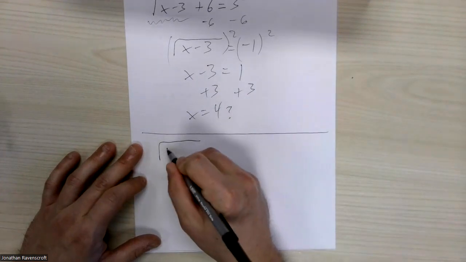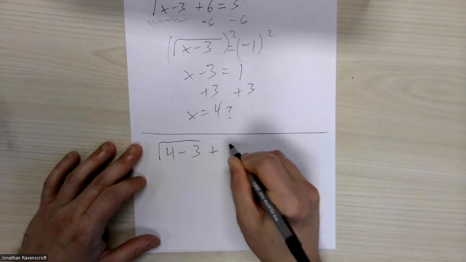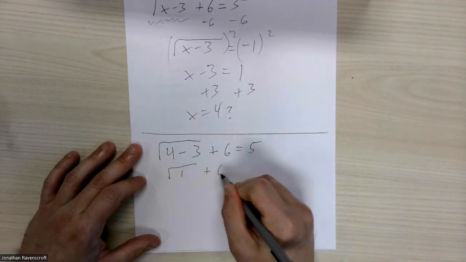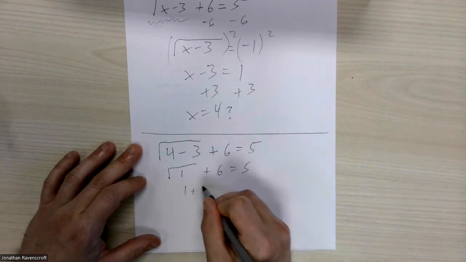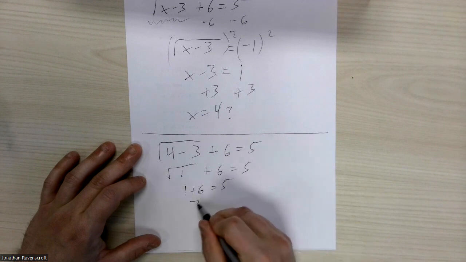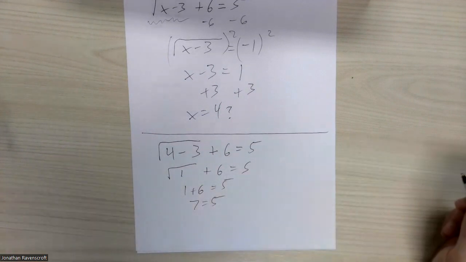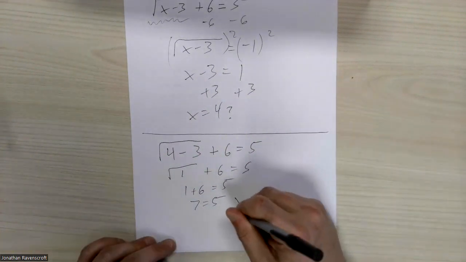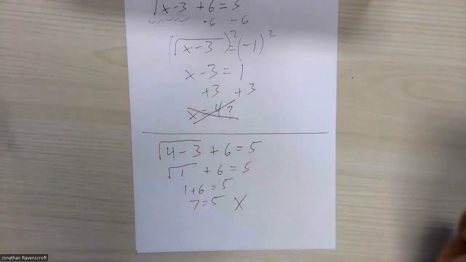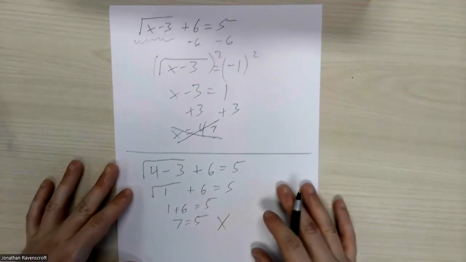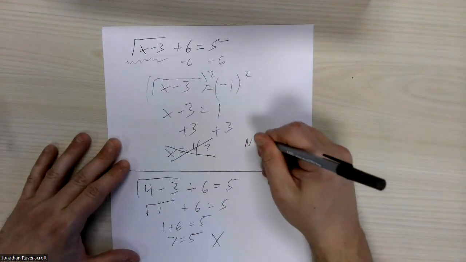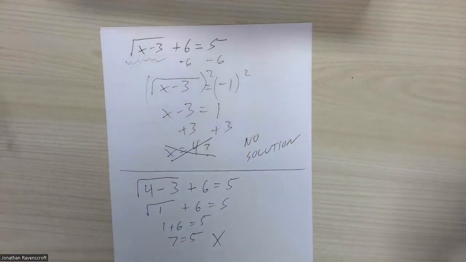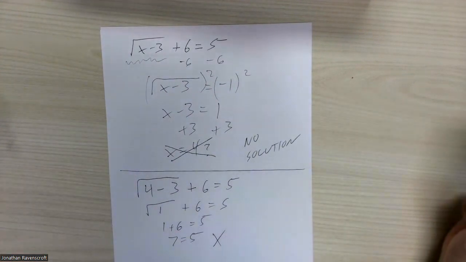If I do the square root of 4 minus 3, plus 6 equals 5, the square root of 1 plus 6 equals 5, that's 1 plus 6 makes 5, 7 equals 5. Last I checked, 7 is not equal to 5, so this does not work. Which is okay. It doesn't mean you've done anything wrong. It simply means the equation has no solution, which can happen like we've seen in the past.